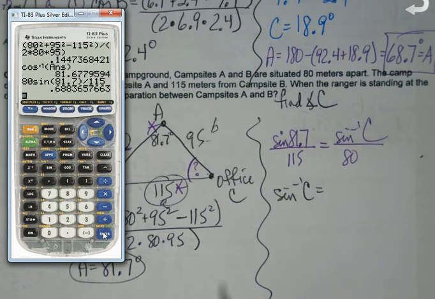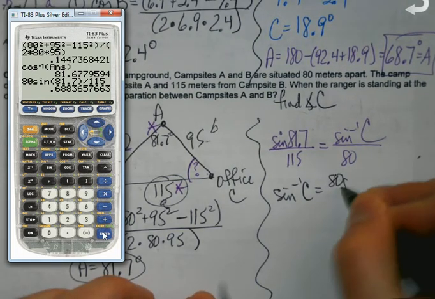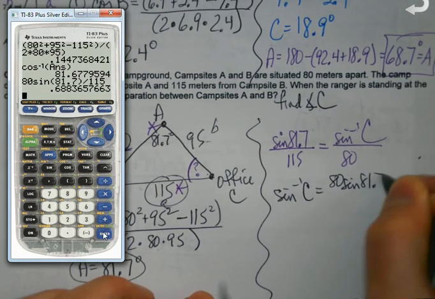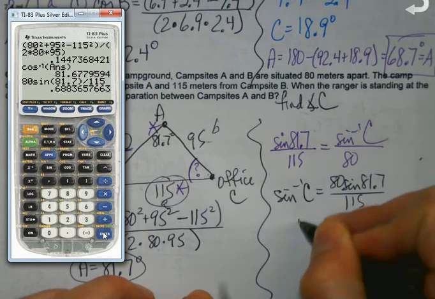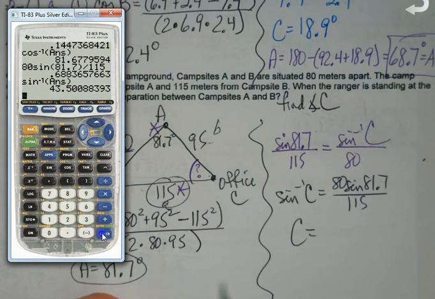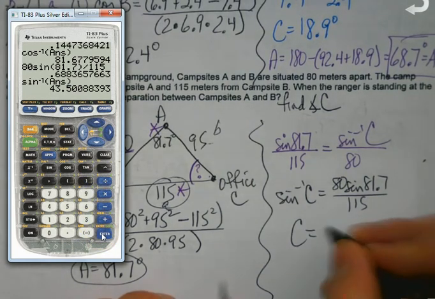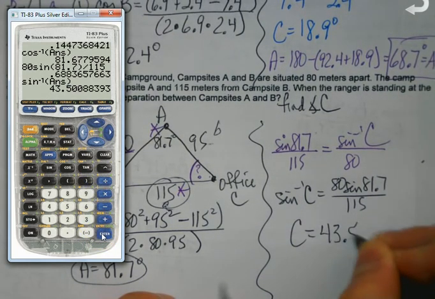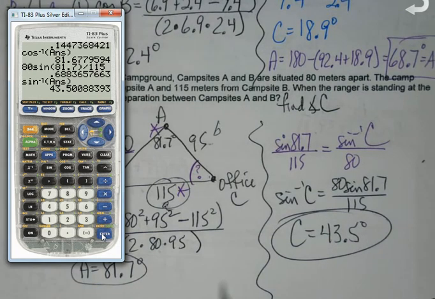What's going with this side? So I'll just write that here, just so if I'm looking later, I know where the values are coming from. And I do my inverse on sine. 43.5 degrees, and I'm set.